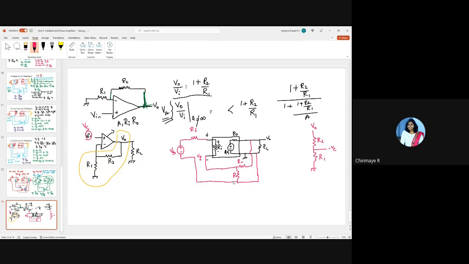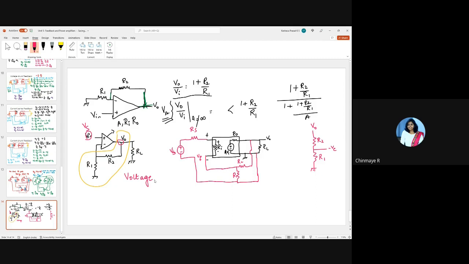So now what kind of feedback is this? Can you realize? So you're sensing the output voltage. When you take the output from the same point at which you're sampling the output voltage, that means you're sensing the output voltage. So the first term, as we discussed yesterday, is nothing but voltage. So now it should be either voltage series or voltage shunt. The next thing that we should look for is whether we are feeding back current or voltage.